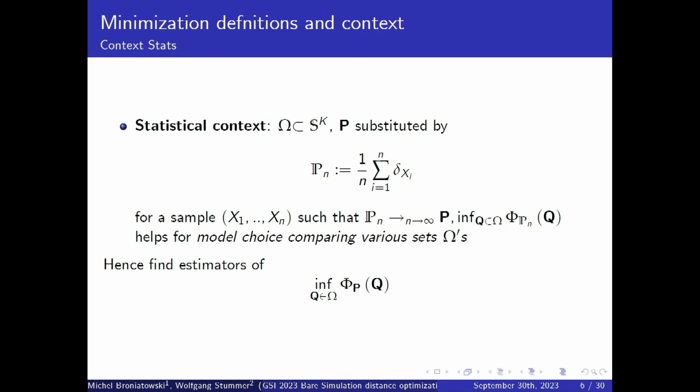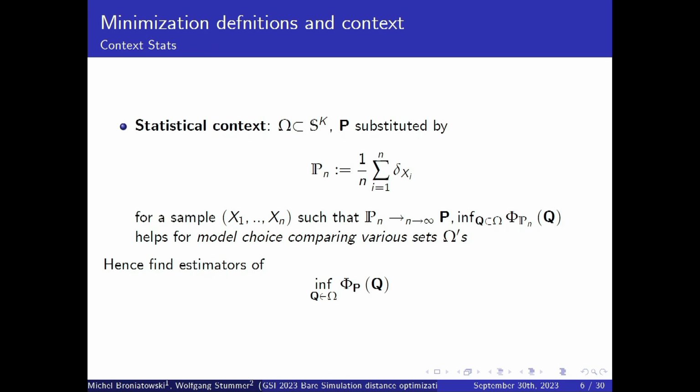In the statistical context, P will not be known. At the end, what we would like to do is to infer some knowledge on the infimum of phi(Q,P) when Q belongs to omega. But P is unknown, and is known only through sampling. This is the case for statisticians.